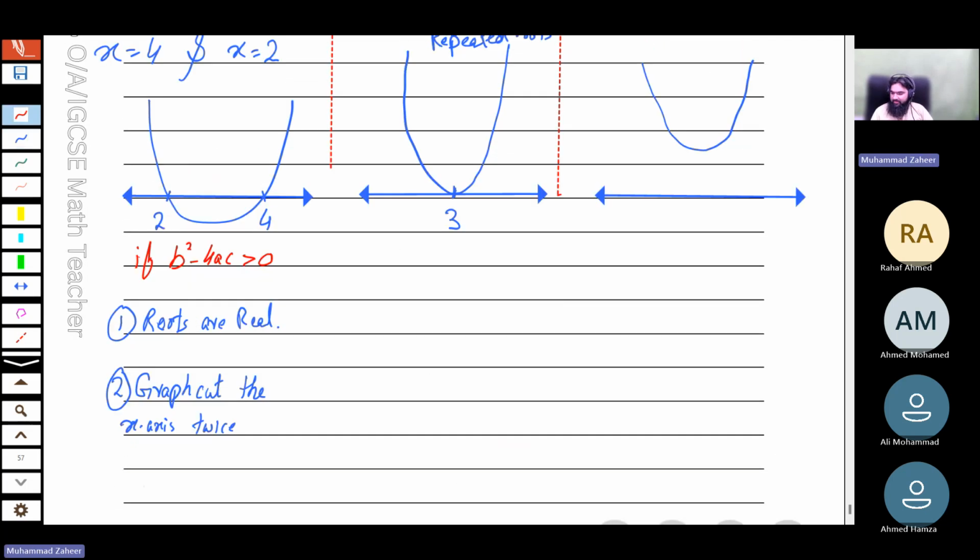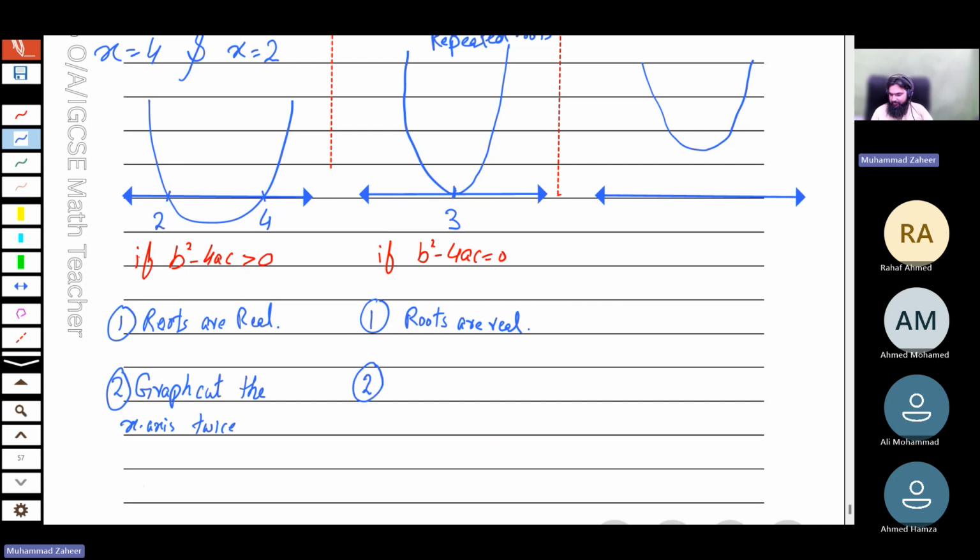Now the second situation, if the discriminant is equal to 0, in this situation, obviously the first thing is the roots are real, because roots means answer. Because in actual the graph is going to touch the x-axis.